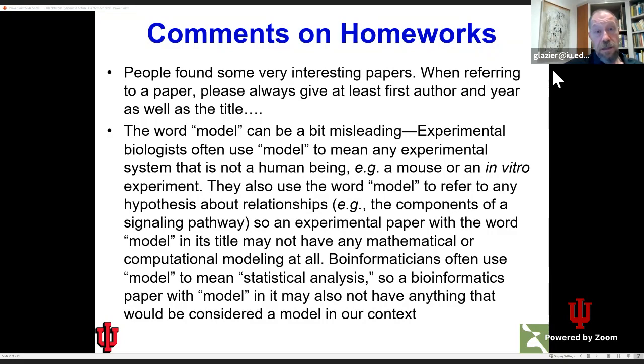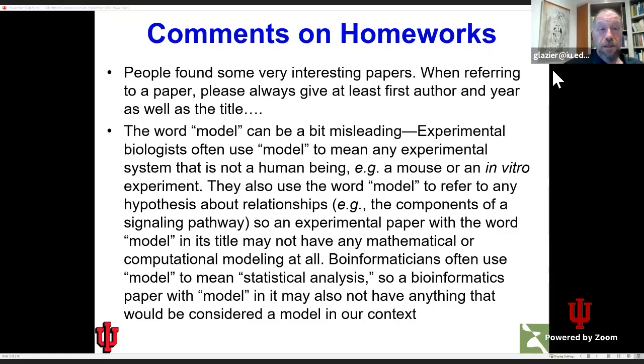Somebody found a very nice model of infection dynamics, population infection dynamics, and talked about it in their first homework. And it would be, for example, a very good problem to do in class together if they decide not to do that as a class or project for the semester.